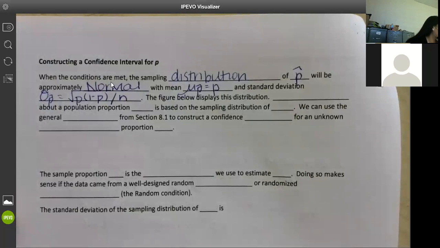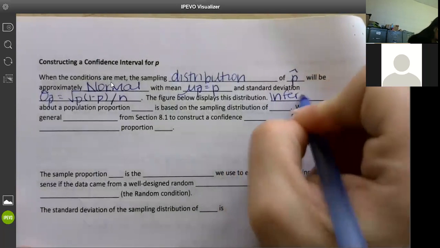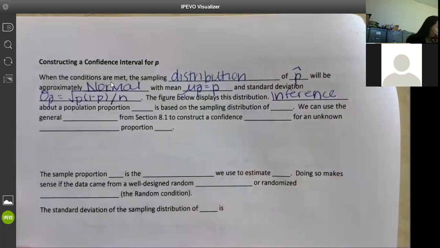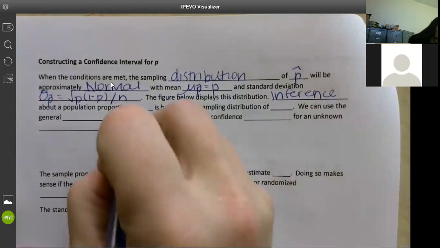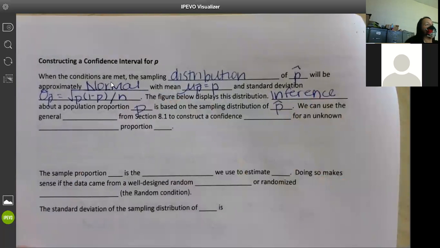The figure below displays the distribution. Inference about a population proportion P is based on the sampling distribution of P hat. So again, P talks about the population and P hat talks about the sample.